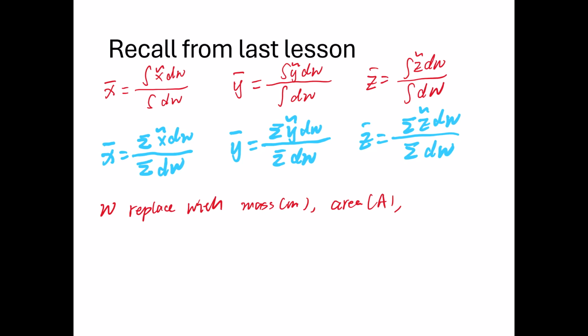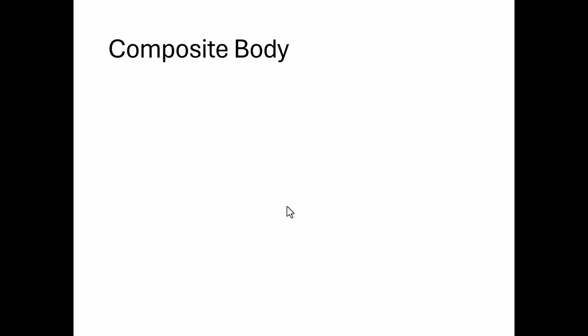So today we will get started by talking about the composite body. So what's a composite body? Last lecture we talked about the centroid for rectangles, circles, squares, but in reality not all structures are as simple as a rectangle or a circle.